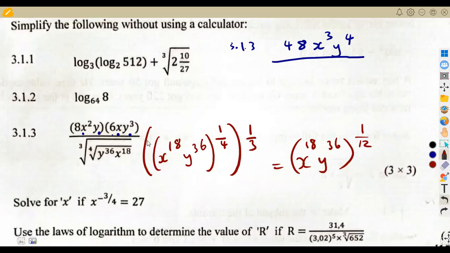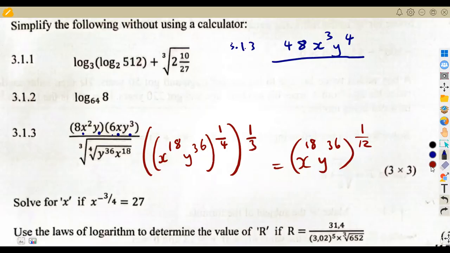Now that we have simplified our exponents, we are still back to the same law, because now we have x raised to the exponent of 1 over 12, the y to the exponent of 36, which also has to be raised to the exponent of 1 over 12. So it means everything is going to be affected by 1 over 12.